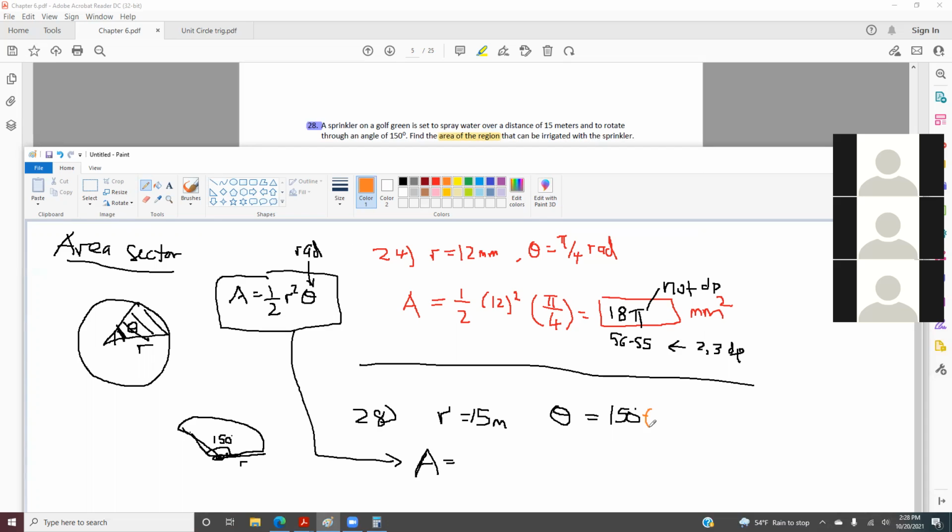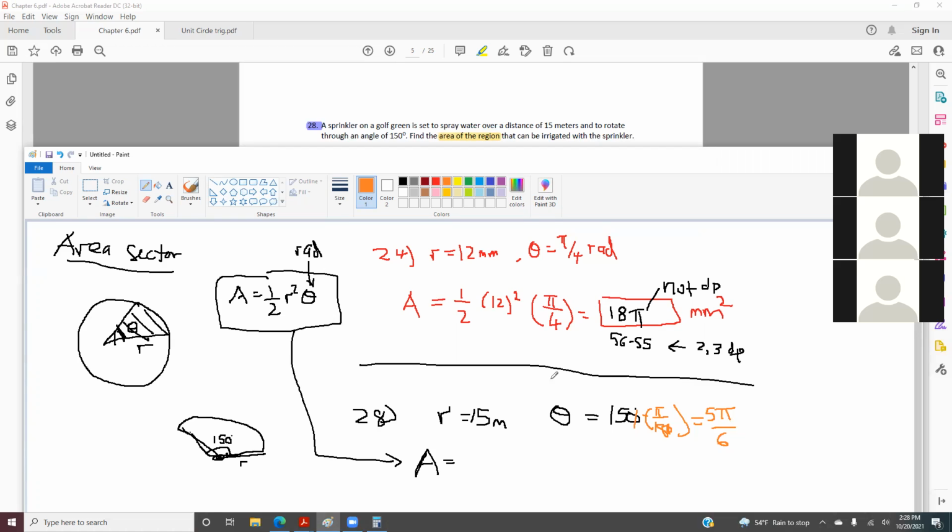Times pi over 180. Change to radians, yes. Anyone know what this is in terms of pi? The zeros will cut off. This is 5 divided by 3, 5 pi over 6, right?